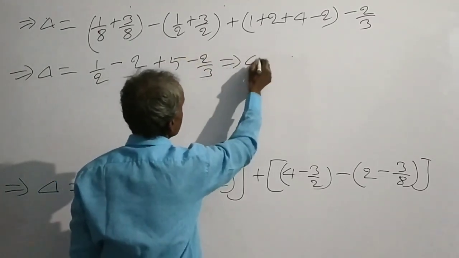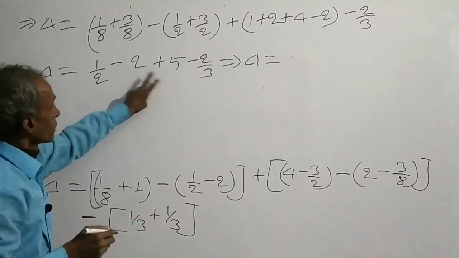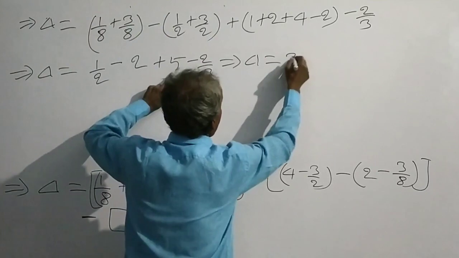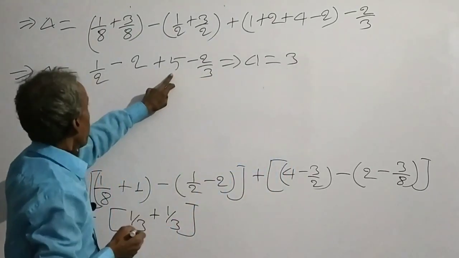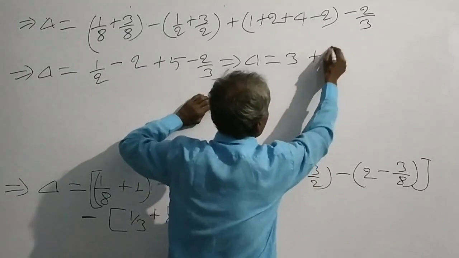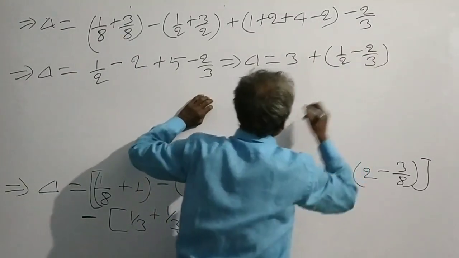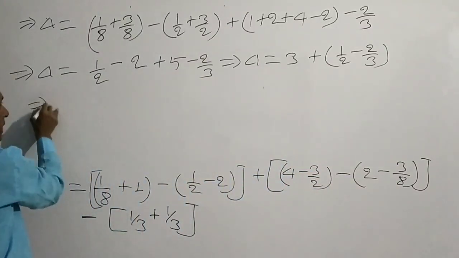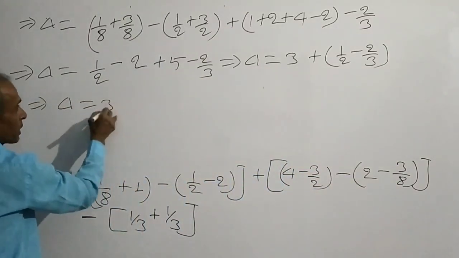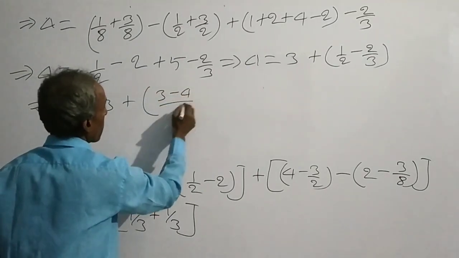This implies delta is equal to 5 minus 2, 3, and 1 by 2 minus 2 by 3. This implies delta is equal to 3 plus 3 minus 4 by 6.